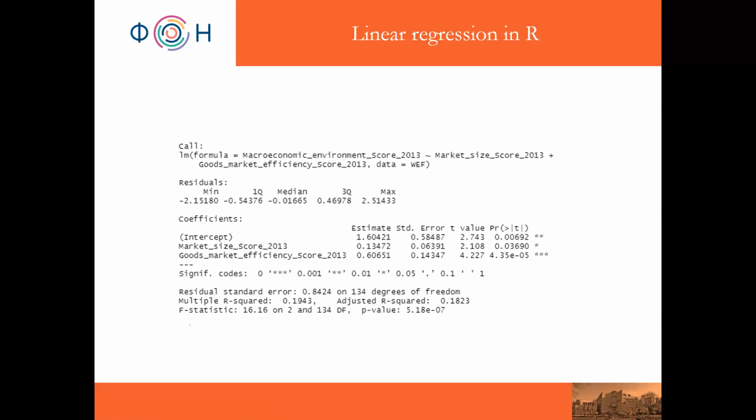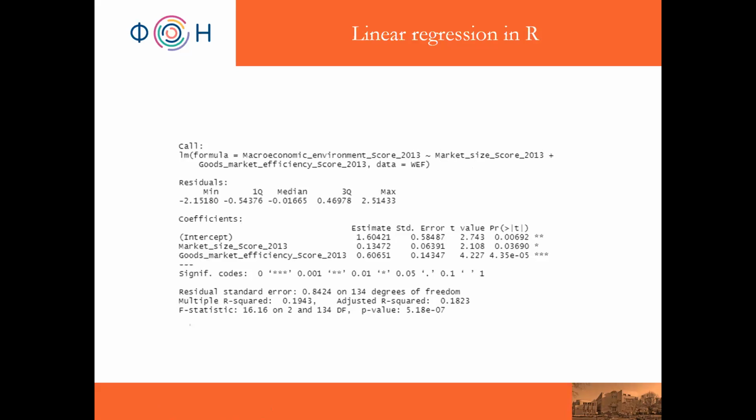This t-test was used to inspect the individual significance of these indicators. The next test which we can observe is the F statistics. F statistics is like an omnibus test. It tests the overall model. The t-test looks at the individual impacts and individual significance, while the F-test looks at the overall model.